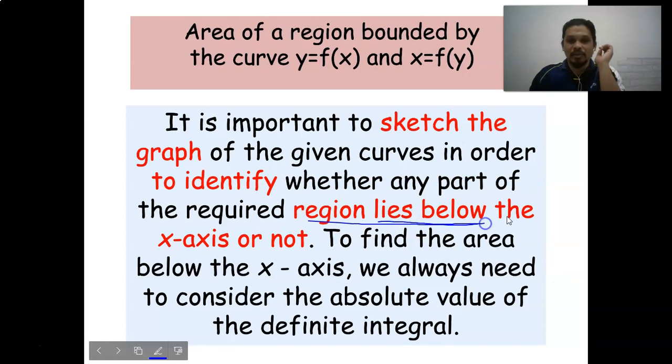To find the area below the x-axis, we always need to consider the absolute value of the definite integral.